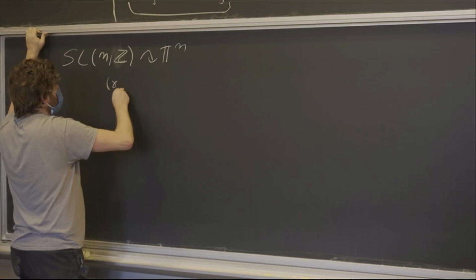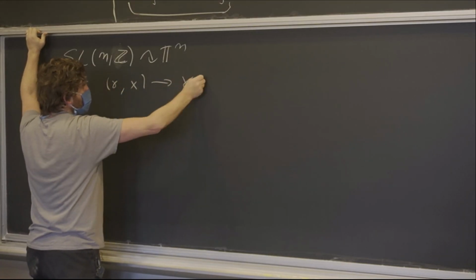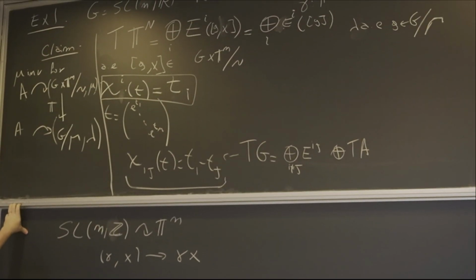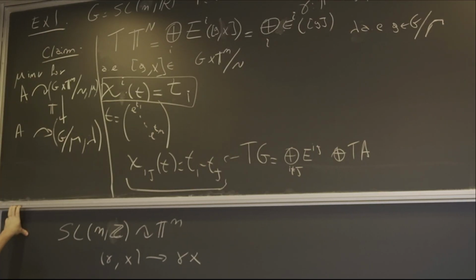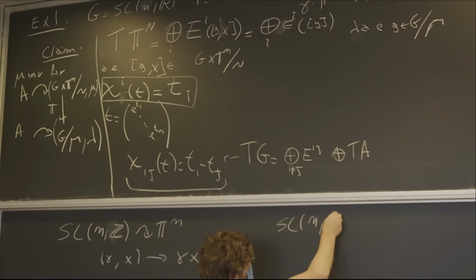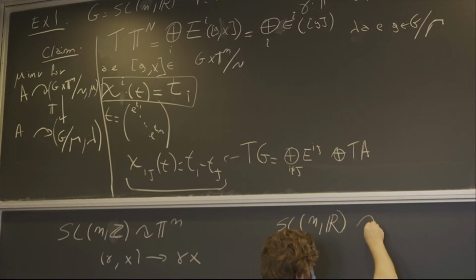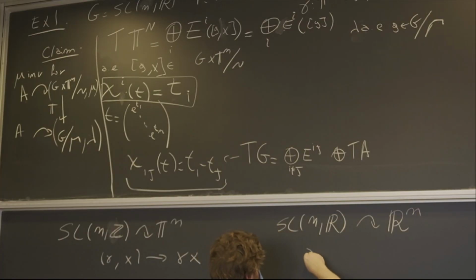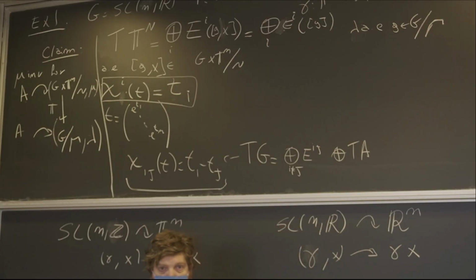So gamma and x, we map it to gamma times x. Now, this is induced from the corresponding action, which is actually coming from a representation of SL_n(R) on R^n, which again you take gamma, x, and you map it into gamma times x.